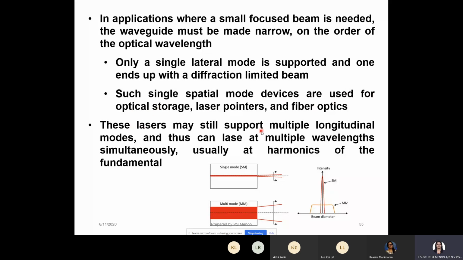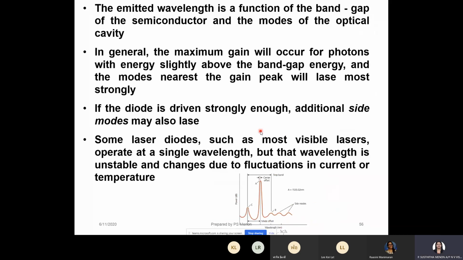These lasers may support multiple longitudinal modes and thus can lase at multiple wavelengths, usually at harmonics of the fundamental. The emitted wavelength is a function of the band gap of the semiconductor and the modes of the optical cavity. In general, the maximum gain occurs for photons with energy slightly above the band gap energy, and the modes nearest the gain peak will lase most strongly.